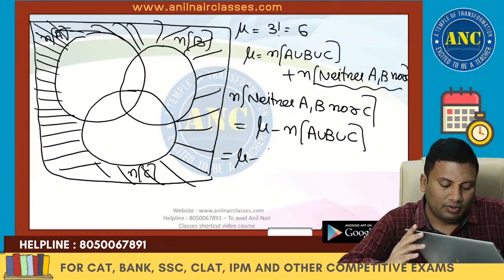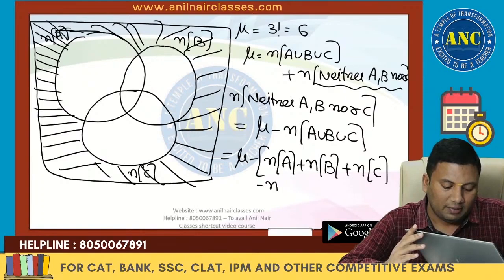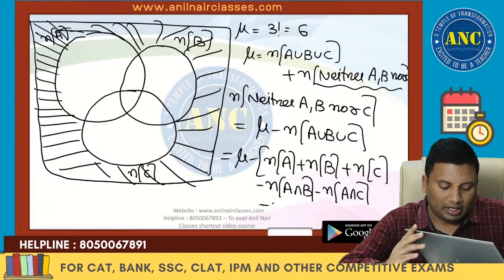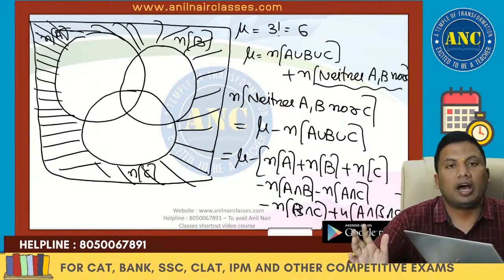A union B union C is nothing but, according to De Morgan's theorem, n of A plus n of B plus n of C minus n of A intersection B minus n of A intersection C minus n of B intersection C plus n of A intersection B intersection C. I hope it is clear.